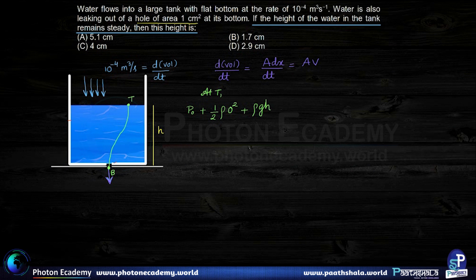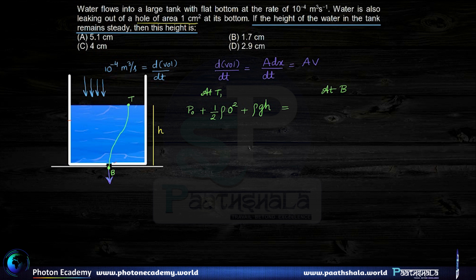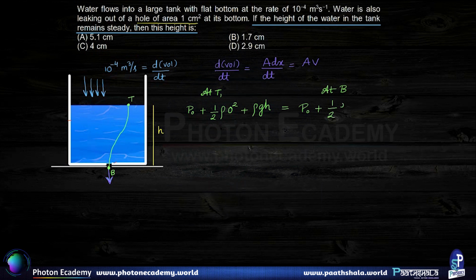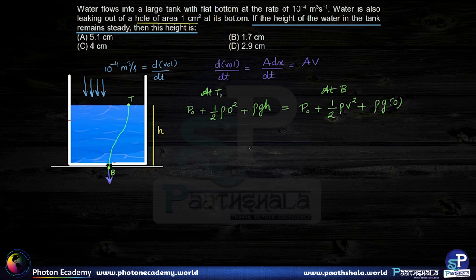Now this is at T. This is going to be equal to the Bernoulli equation terms at point B. B is also exposed to the atmosphere, so pressure at point B is also going to be P naught, plus the velocity of point B has to be found out. So the kinetic energy per unit volume term would be half rho V square, and the potential energy term at B would be 0 because it is at 0 height compared to our reference height, which is the bottom of the container. So this is the term at B.